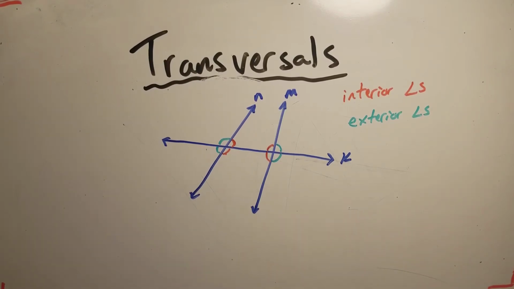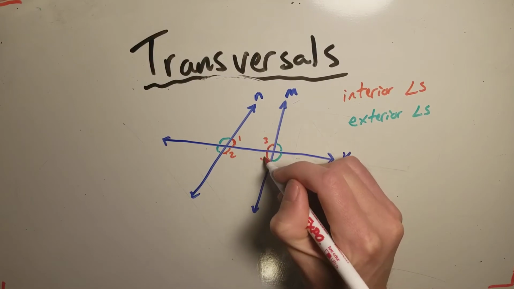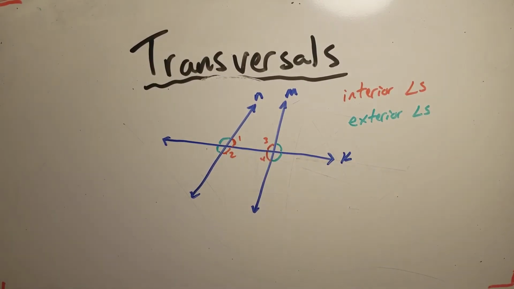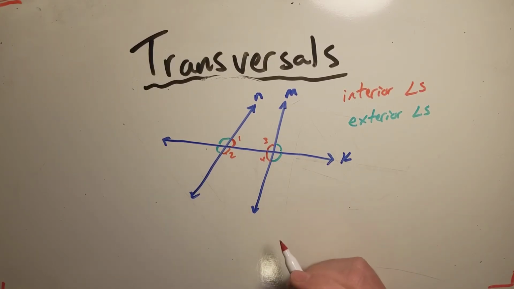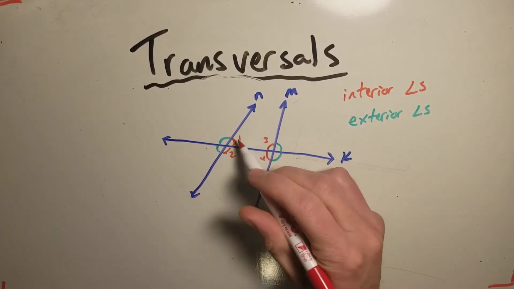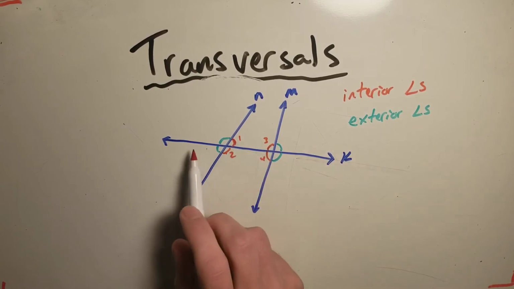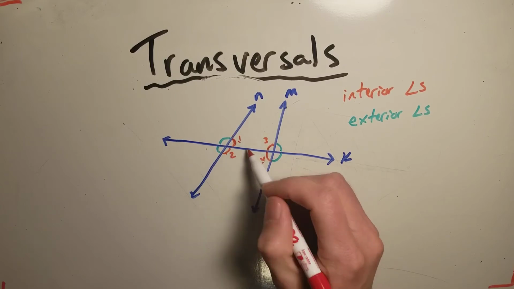Now when it comes to interiors and exteriors, if we just focus on interiors first, we'll put little numbers next to them. There also are some special pairs within those groups. So one special pair, we call these alternate interior angles. So it's a pair of angles that are interior and they're on opposite sides of the transversal, like 1 and 4. Your transversal is K, so on opposite sides, they're like diagonally across.